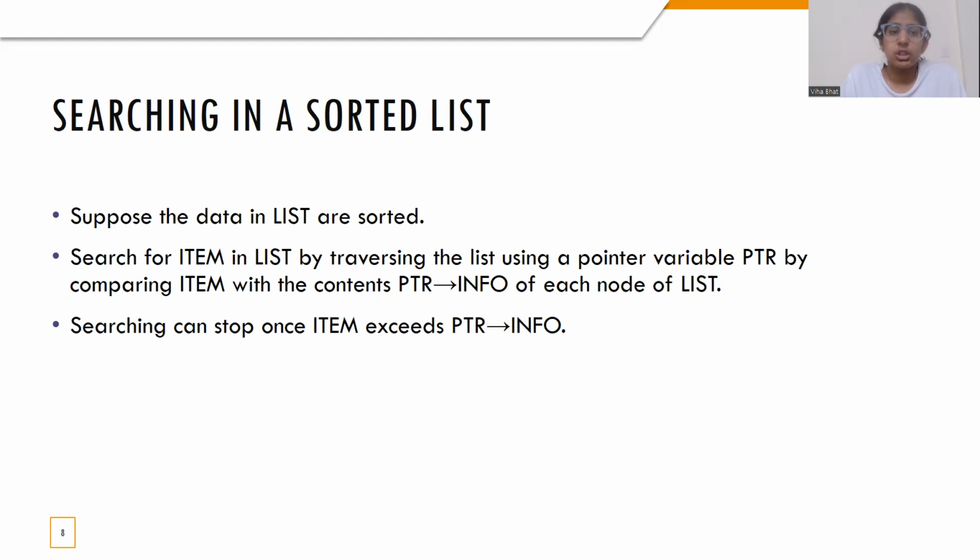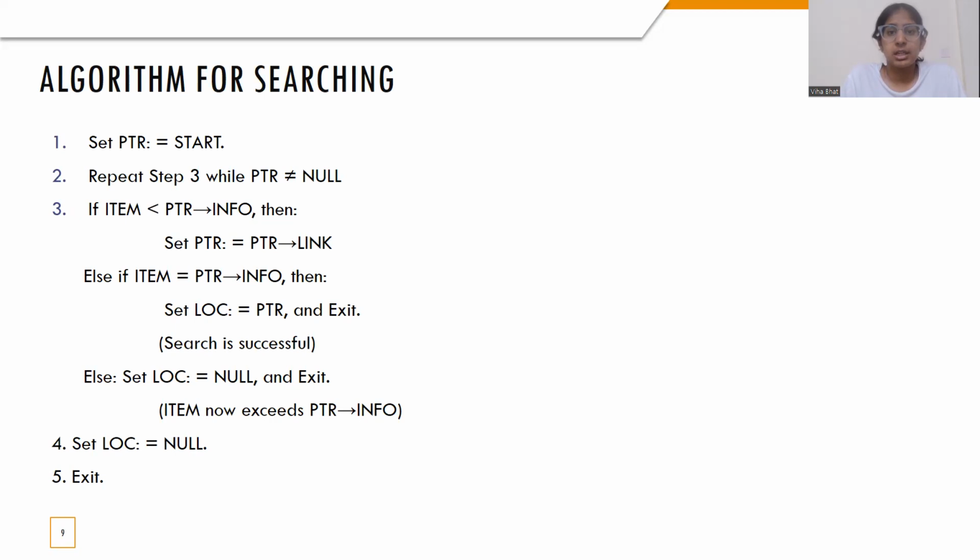So searching in a sorted list, here we search for the item in list by traversing the list using a pointer variable PTR, comparing item with PTR pointing to info of each node of list. Searching can stop once item exceeds PTR pointing to info. Here's a basic algorithm for searching for an element.